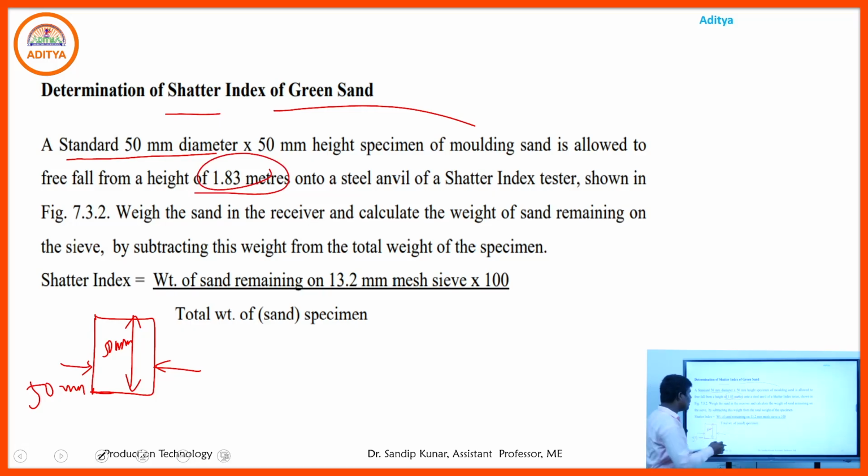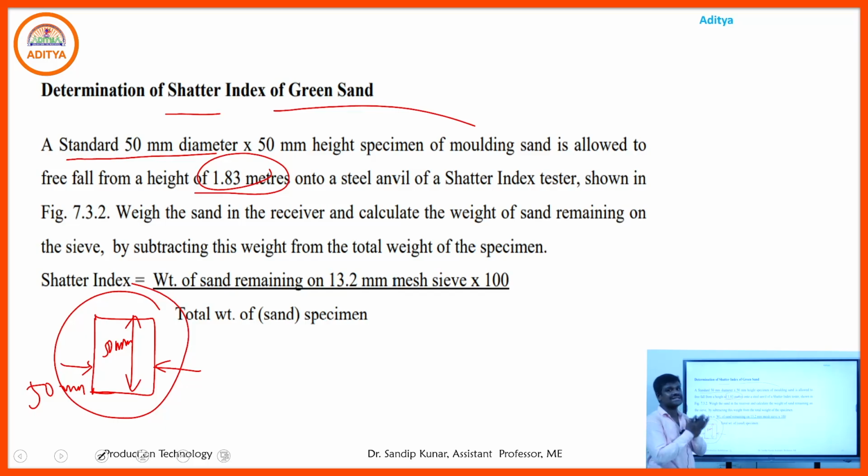Then we take the weight of the sand on the receiver, and calculate the weight of sand remaining on that receiver sieve. After the standard specimen falls, some amount of material will be kept on that receiver.